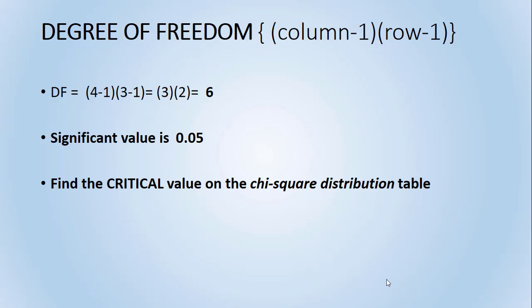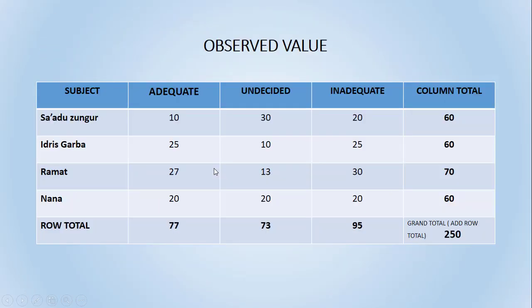Now for us to get the relationship, maybe the variables are independent or dependent, we need what they call degree of freedom and significant value, like I said in the beginning. Now to get your degree of freedom, the formula is column minus 1 times row minus 1. Column minus 1 means how many columns do we have in the observed value table?